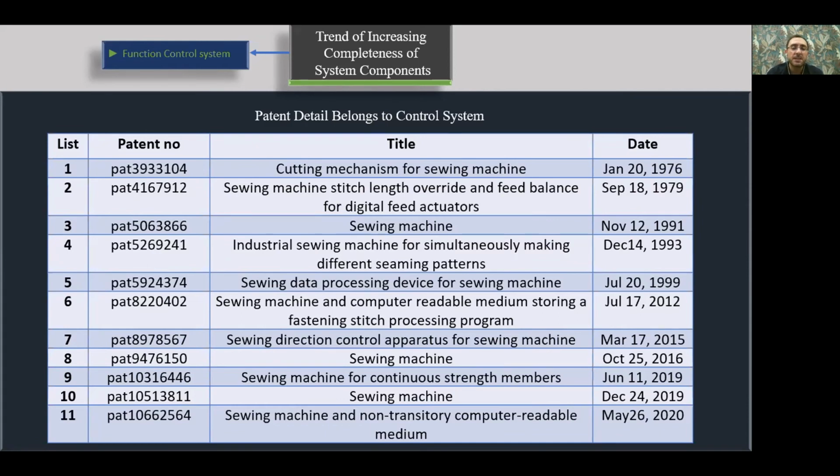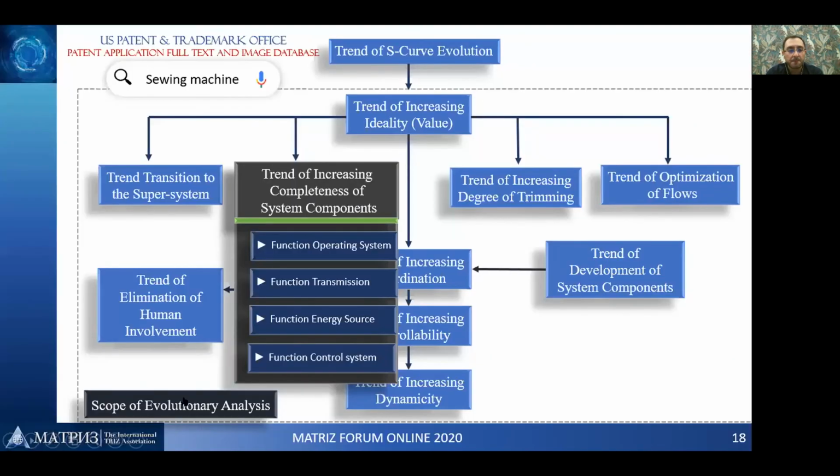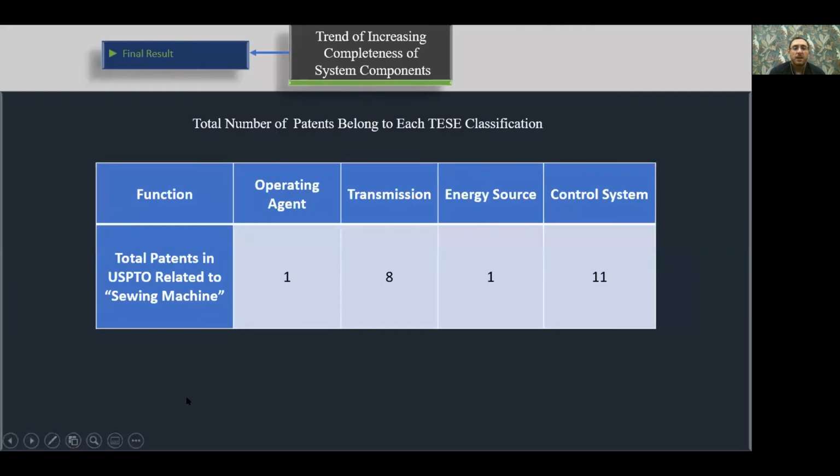In all of these tables, we have some information such as patent number, title of the patent, and date in chronological order. This table shows the overview of the patents and the total number of patents that come under each group.